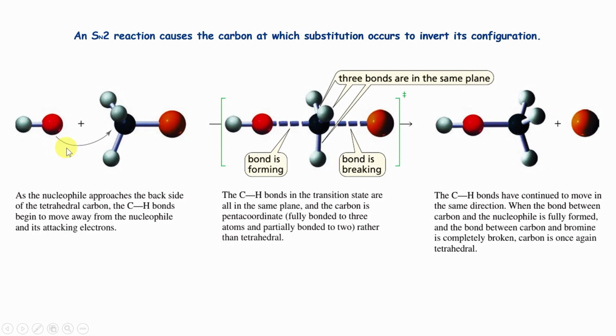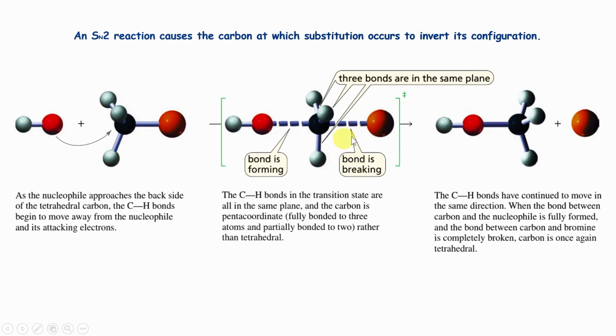As the nucleophile approaches the backside of the tetrahedral carbon, the carbon hydrogen bonds begin to move away from the nucleophile and its attacking electron.